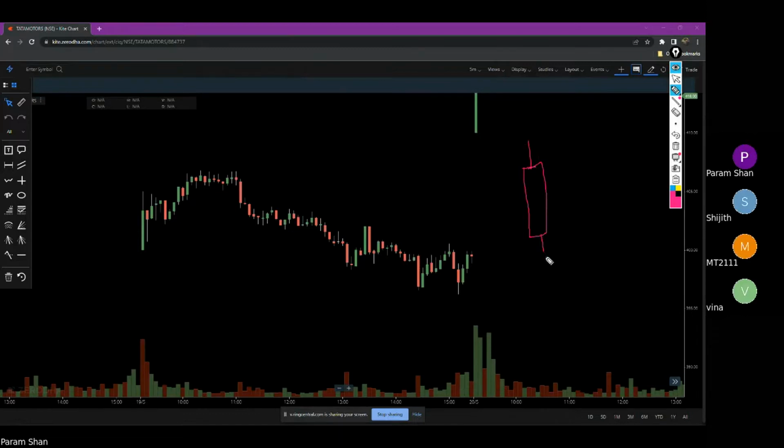If the price is coming from the bottom and it is breaking the previous candle's size, so let us assume this is the size of the previous candle, it means that the price went down and it is broken and the next candle is formed here. It means that price is going towards up.